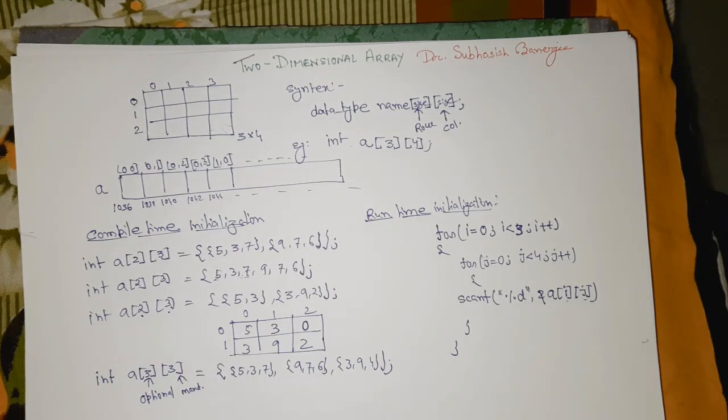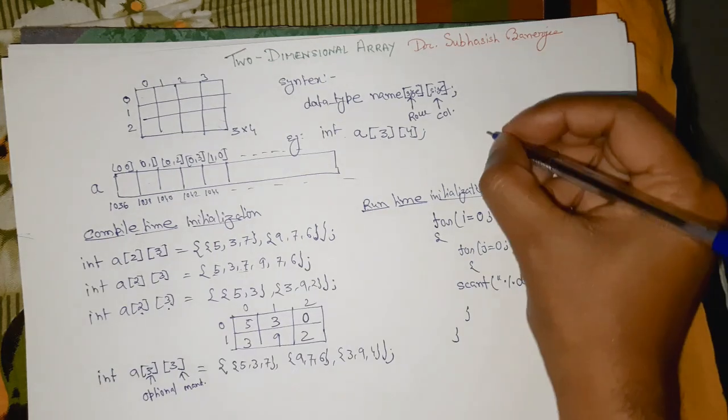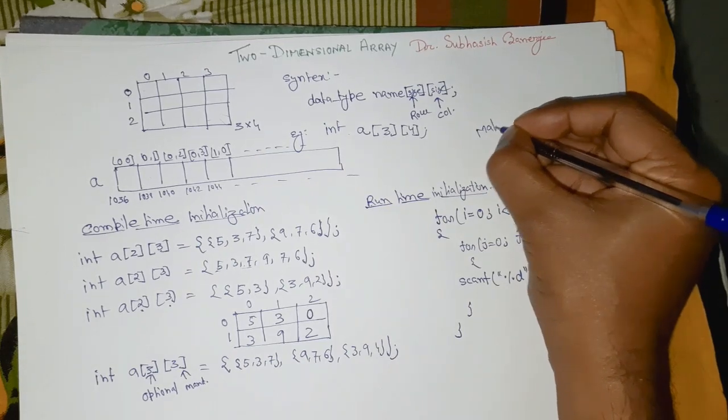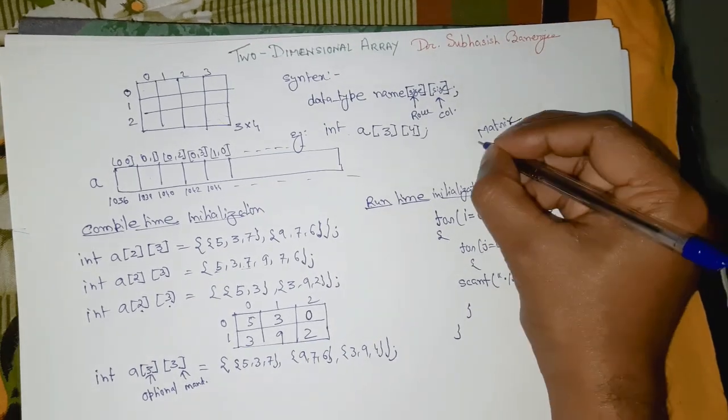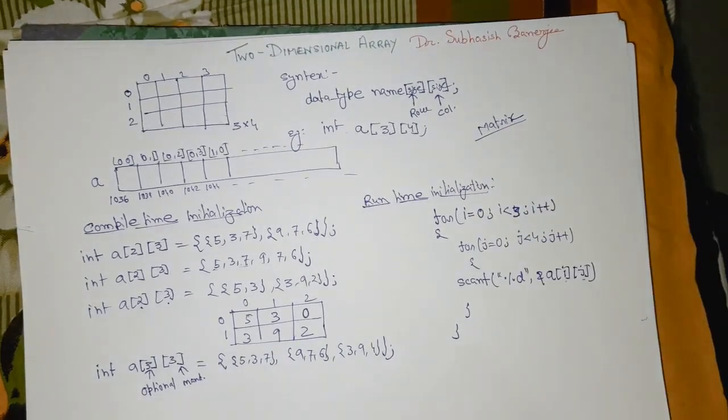Hope you have understood the two-dimensional array: how it can be defined, what the role of the one-dimensional array is, what the role of the two-dimensional array is, and how it can be initialized, whether at compile time or runtime. In the next class we are going to discuss some examples of the two-dimensional array. Basically, one of the applications of the two-dimensional array is a matrix, which we are familiar with from mathematics.